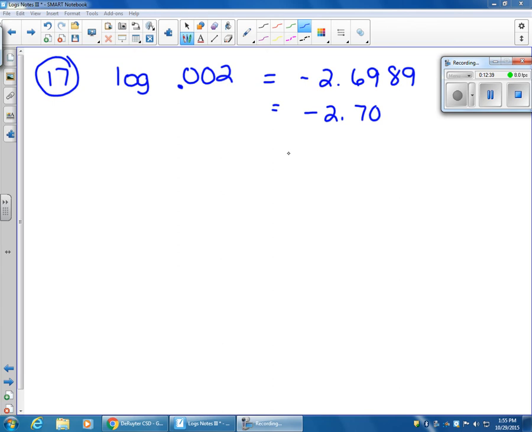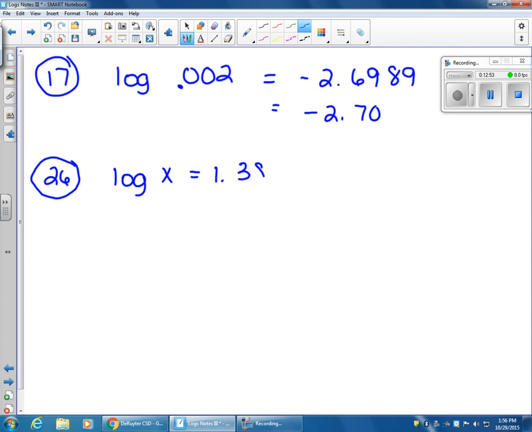The next one we're going to look at is 26, which is log of x equals 1.3826. So when we're trying to solve this, we are going to put in the base. If there's no base listed, it's base 10.